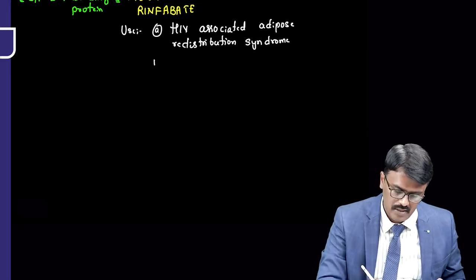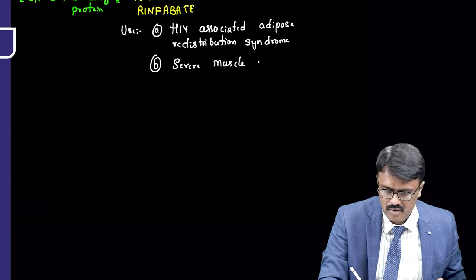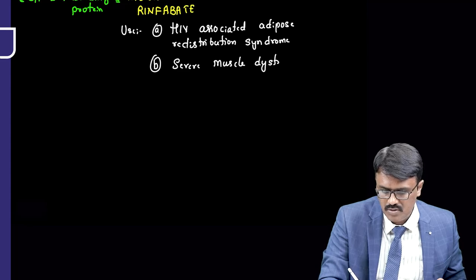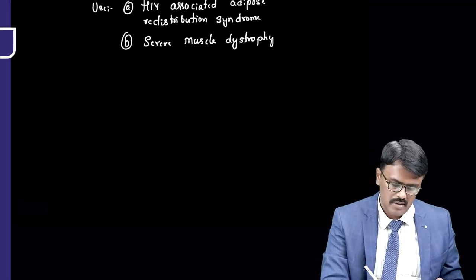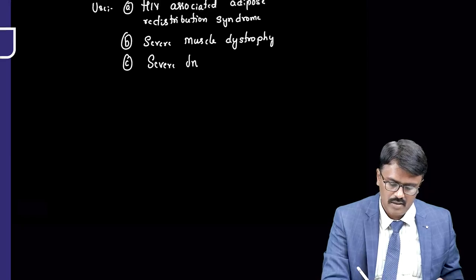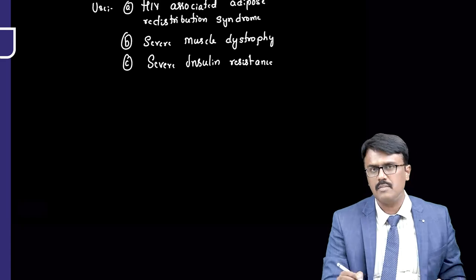Second important, it is used in severe muscle dystrophy. Severe muscle dystrophy, we use this drug. And next important, it is also being used in severe insulin resistance cases. So the name of the drug is mecasermin rinfabate.